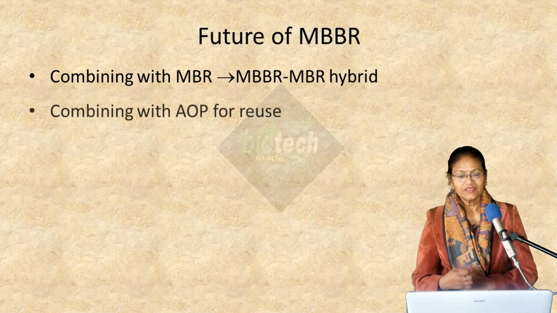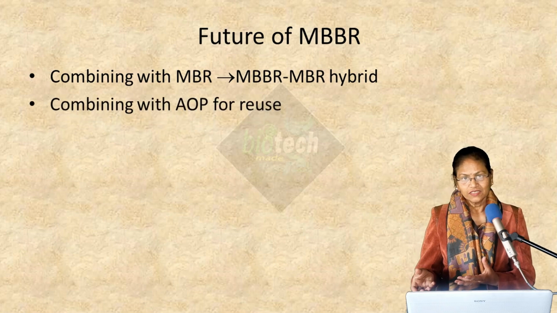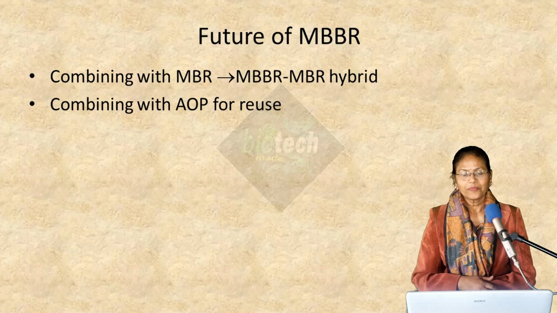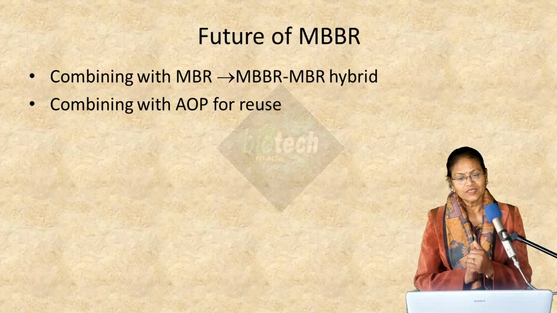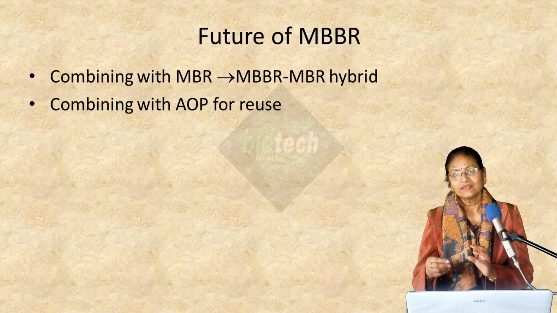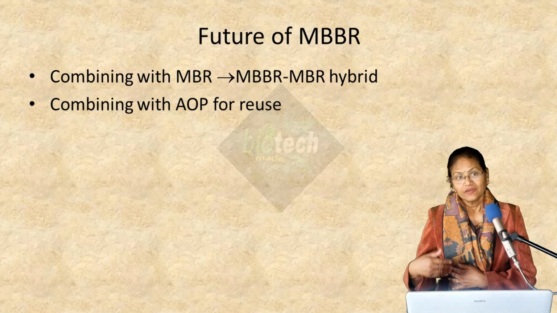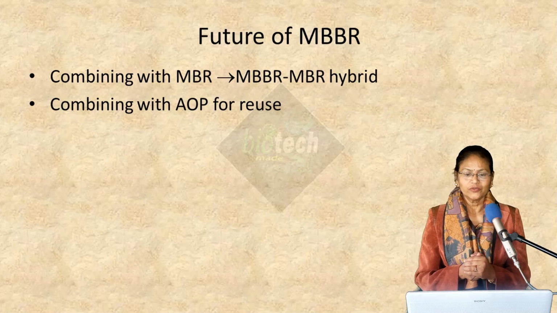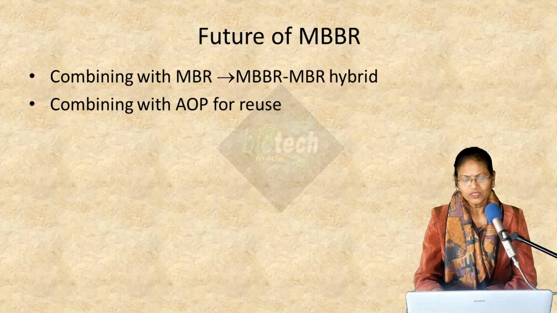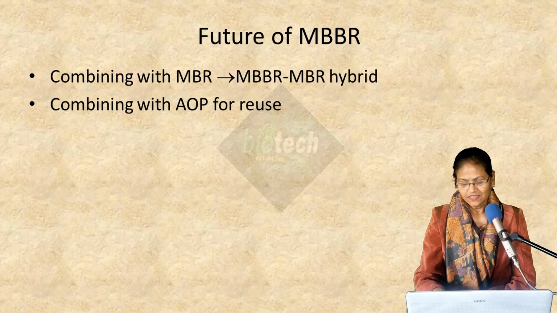And combining with AOP for reuse, advanced oxidation processes. Here many advanced oxidation processes can be used, and after that the treated water can be reused. Advanced processes are otherwise also used in many reactors, so this can be combined.